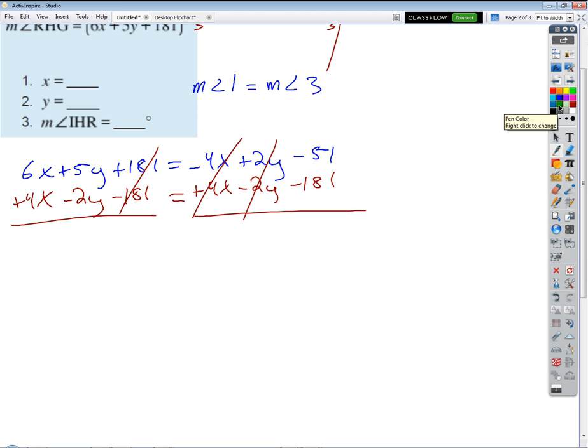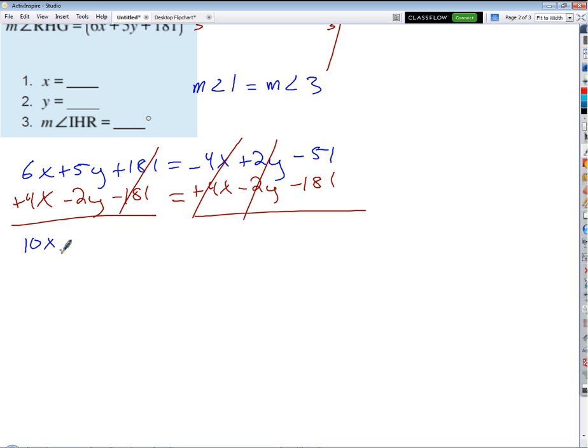What's 6x plus 4x? 10x. 5y minus 2y equals negative 51 minus 181, same thing as negative 51 plus negative 181. Negative 232. There you go. So there's one equation.